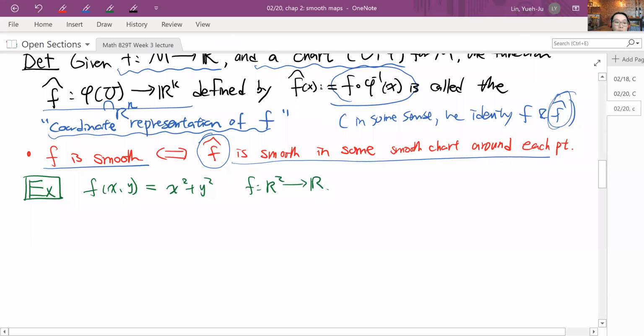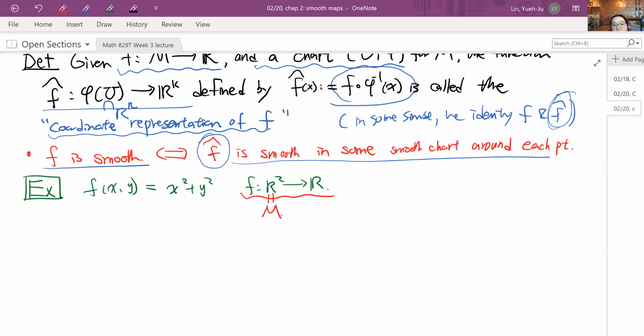So let me show you a quick example. This is essentially the example from the textbook as well, but I think it's worth mentioning here. Let's say you have a map from R^2 to R. If you think of R^2 as a smooth manifold, in this case I don't want to use the standard structure of R^2.